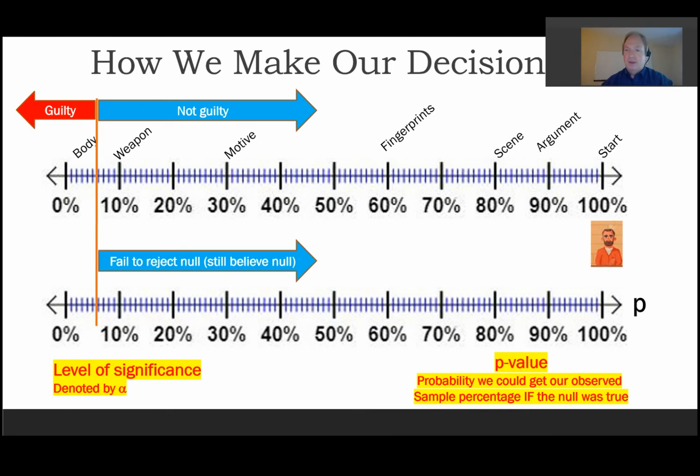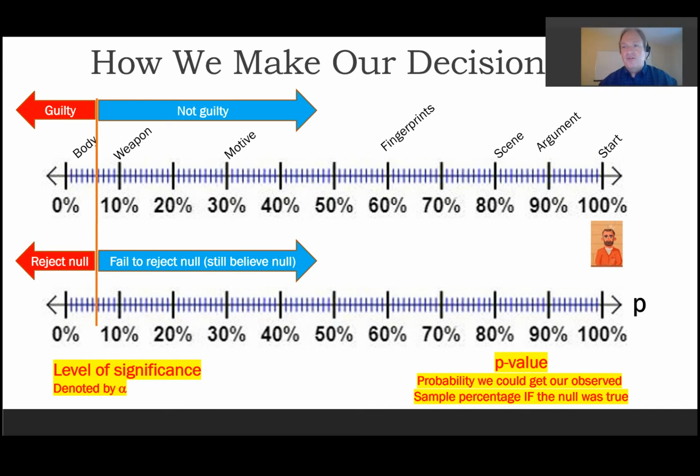Above the significance level, if the p-value is greater than alpha, we're going to say the estimator is not that unlikely to occur. And so we're going to fail to reject the null. We're going to still believe the null. Just like here, we still believe the person is not guilty. If it's below that, then we're like the jury. We flip and we reject the null.